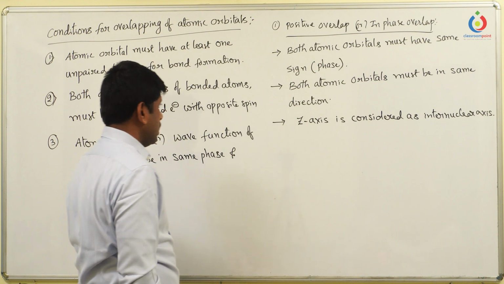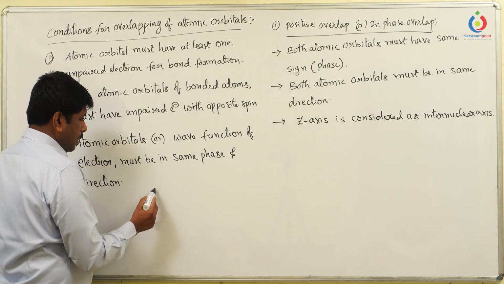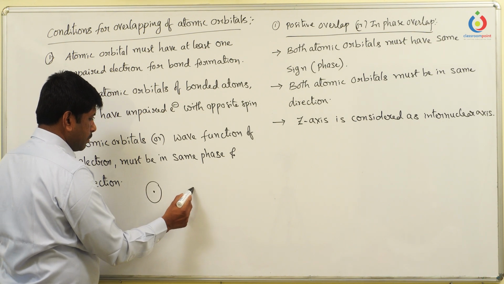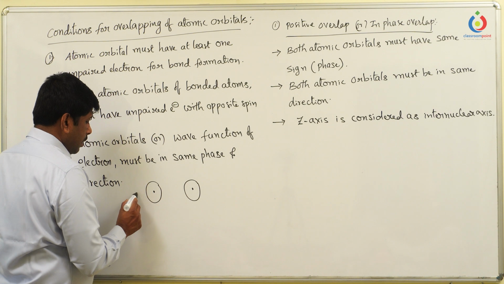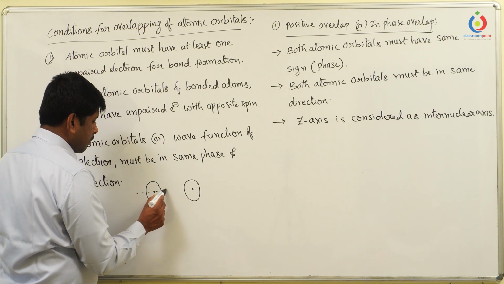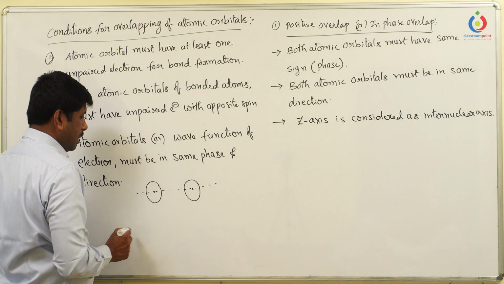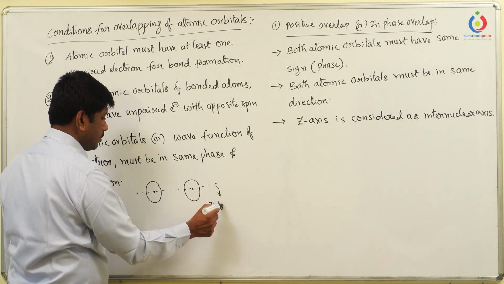So let us discuss what the internuclear axis is. If this is the nucleus of one atom, and this is the nucleus of another atom, an imaginary line that connects both of these nuclei is called the internuclear axis.